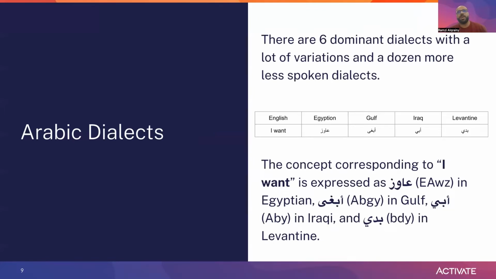The concept corresponding to I want: in Egypt, they say عاوز. In the Gulf, they say Abgha. In Iraq, they say Abi. In the Levantine region, which is Palestine, Syria, Jordan, and Lebanon, we say Biddi. This is another thing you have to take into consideration, and you see that synonyms are very important.